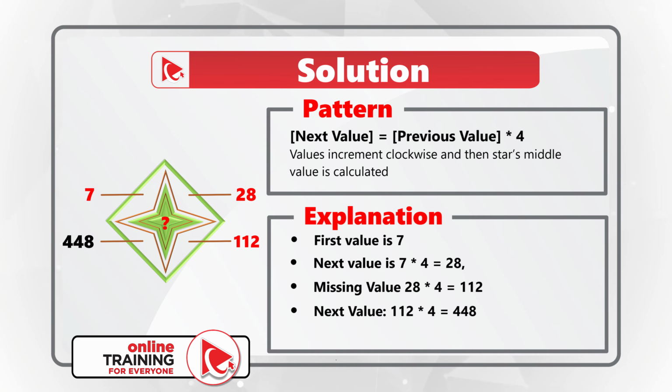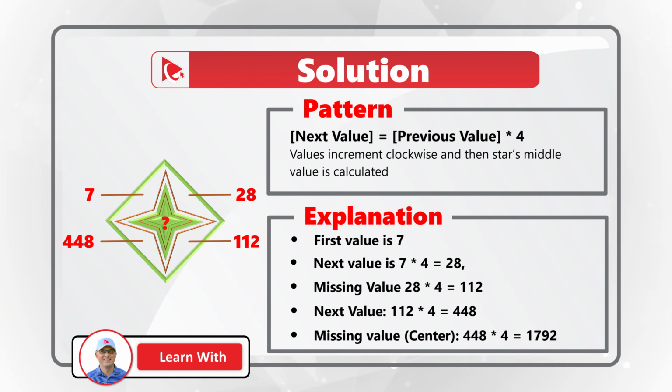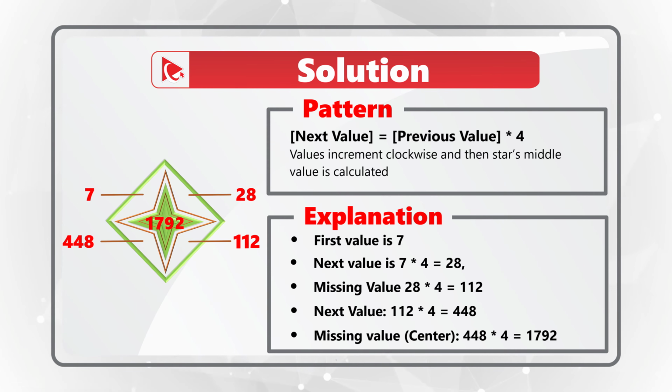Next value at 8 o'clock is 112 multiplied by 4, which equals 448. And then the missing value in the center of the star is 448 multiplied by 4, which equals 1792. So the correct answer here is choice D, 112 and 1792. Hopefully you've nailed this question and now know how to answer similar problems on the test.